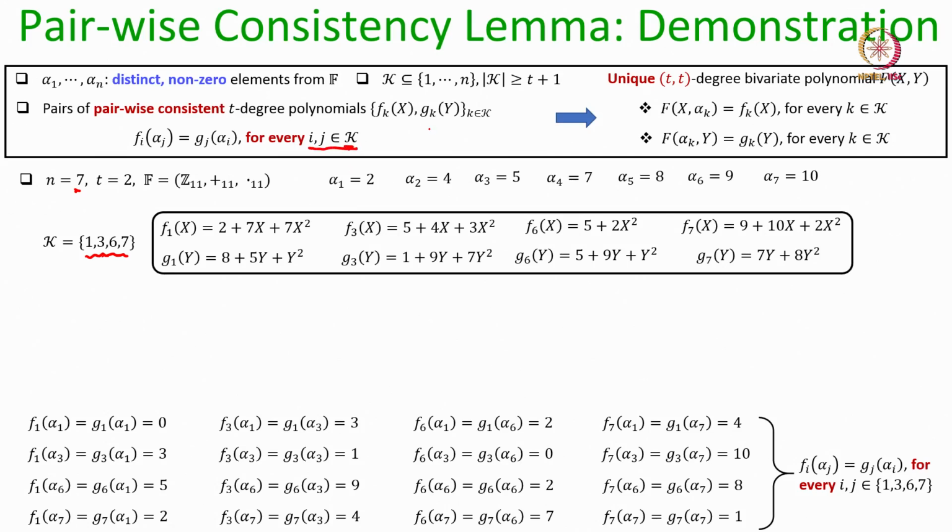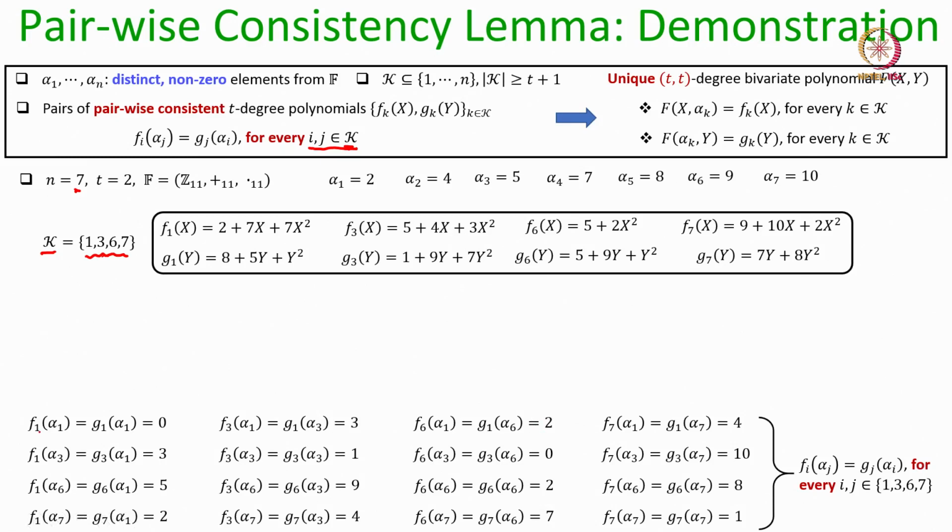If there is some i, j outside the set fancy K, then it is not necessary that the corresponding x and y univariate polynomials are pairwise consistent. The pairwise consistency is given only for every pair of indices within this set fancy K. So, for instance, in this example, my set fancy K has the indices 1, 3, 6, 7.